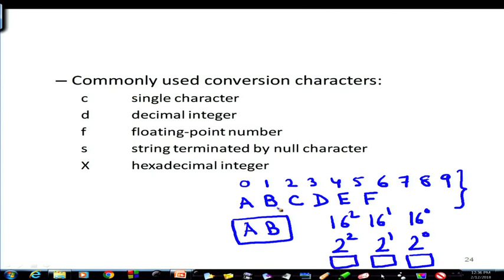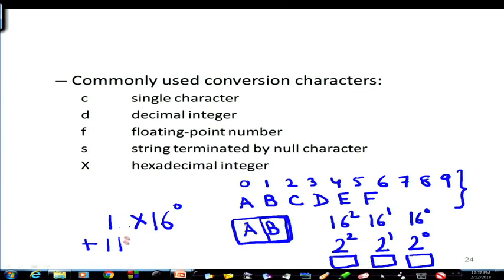Each of these positions can be filled up in the case of binary by 0 and 1, but in the case of hexadecimal it can be filled up with any of 0 to F. So, when I say AB, what is B in decimal? B is 11. Sorry, let me correct that.